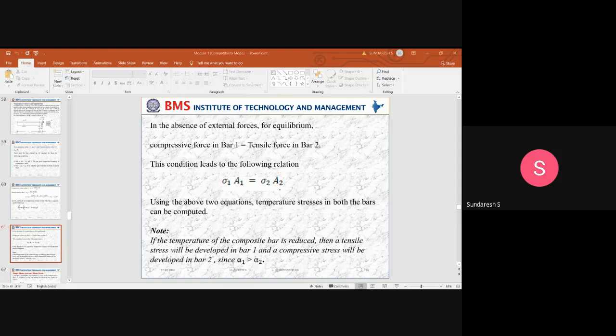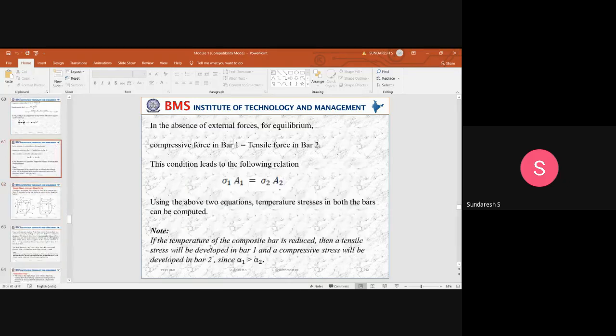Okay. So if you don't have any clarification, let me move on to the next one. You can see here, if the temperature of the composite bar is reduced, see, throughout we were talking about the composite bar where you raise the temperature.